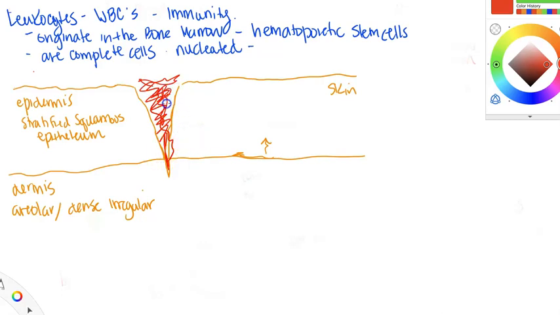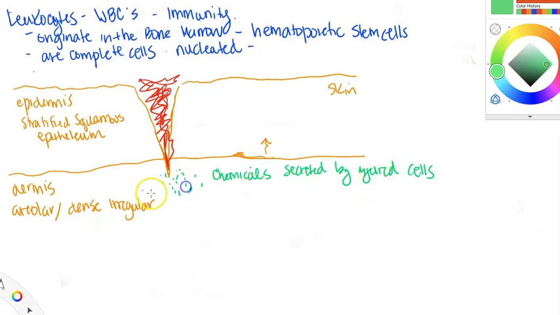When we have an injury, those injured cells will secrete some chemicals. So these are chemicals secreted by the injured cells. These cells sort of send out signals, and they allow for a breadcrumb trail, I guess you would call it, a crumb trail.